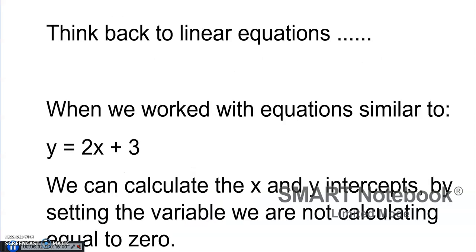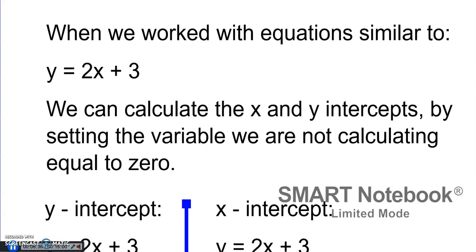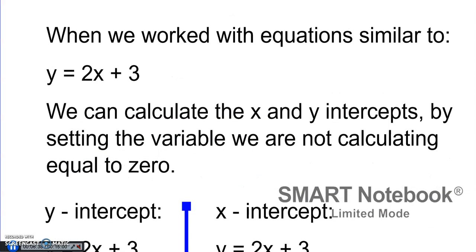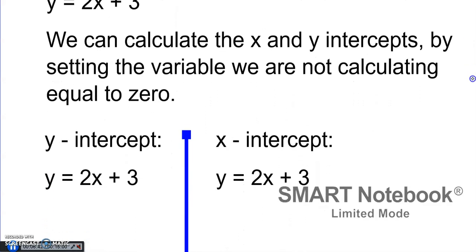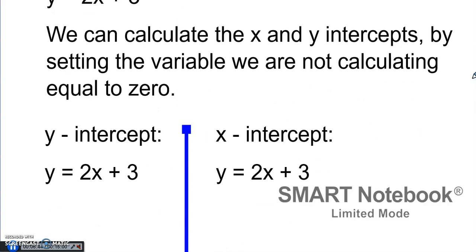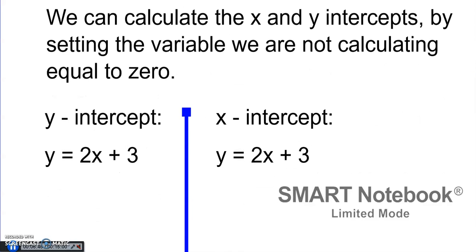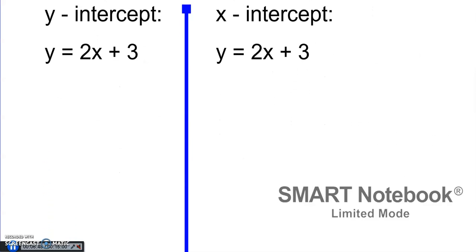Let's jog your memory real quick and think back to linear equations. When we worked with equations similar to y equals 2x plus 3, we can calculate the x and y intercepts by setting the variable we are not calculating equal to 0. So if I want to find the y-intercept of y equals 2x plus 3, then x is going to be 0.